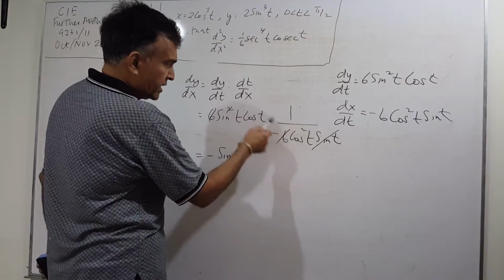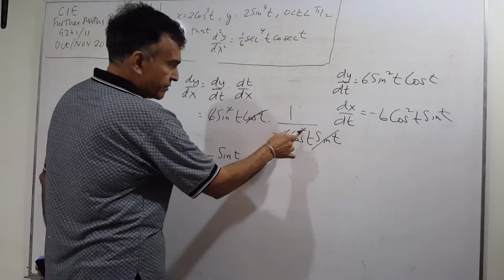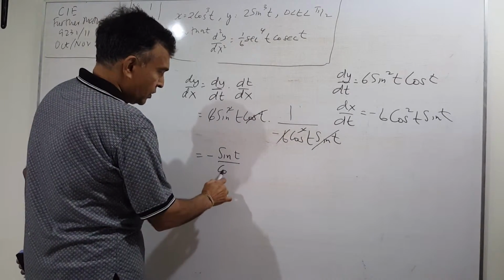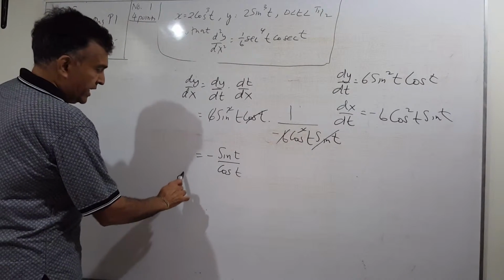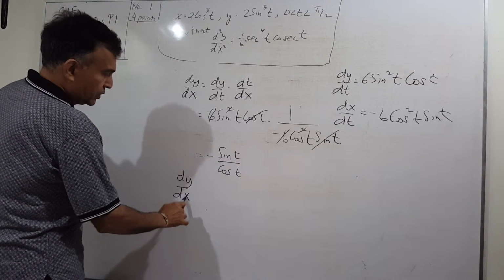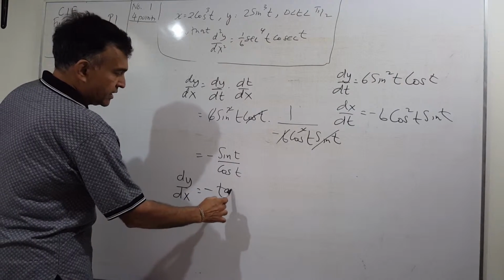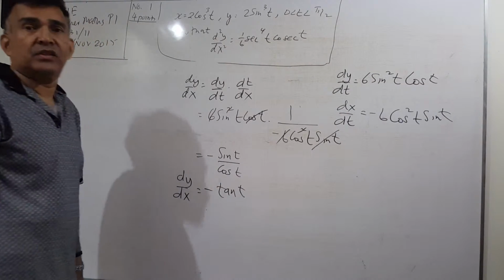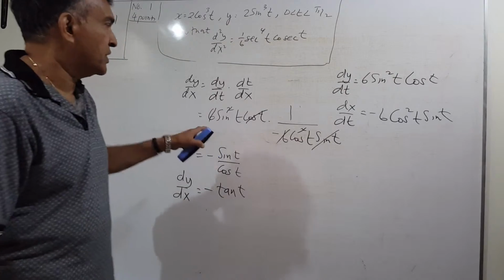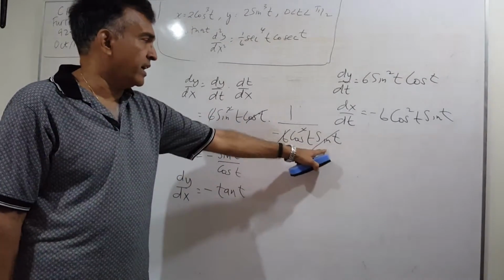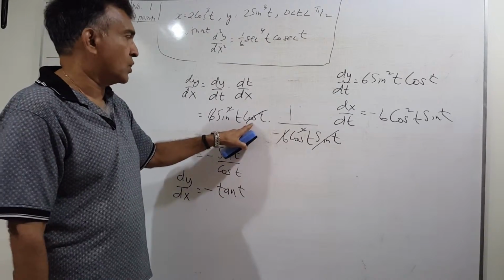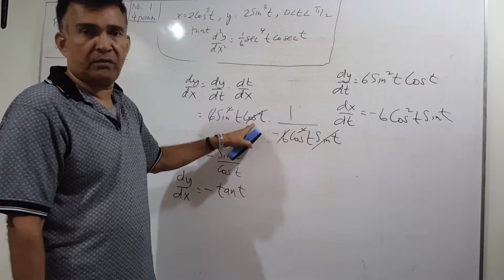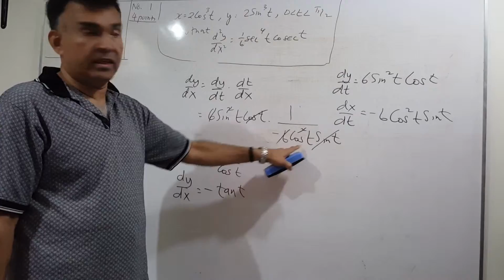I have a cos t and a cos squared t, so cancel one, leaving cos t in the denominator.